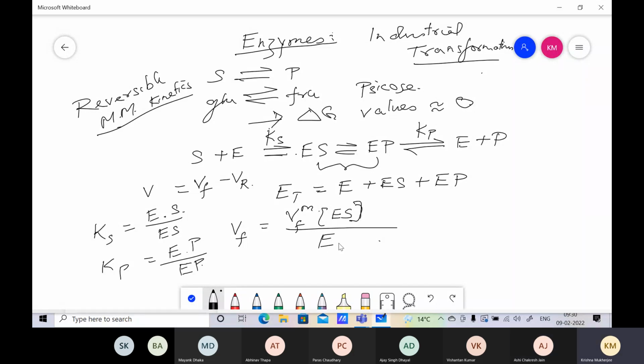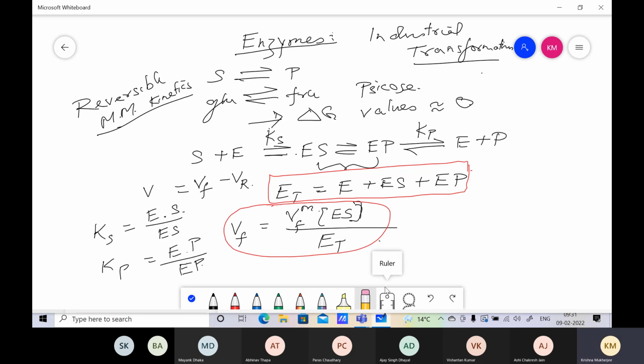Yes, sir. So tell me what the formulation will be. This is a very simple algebra. Using this basic material balance, write ES in terms of Et, and write Et in terms of E plus ES plus EP, in terms of E. Same way.